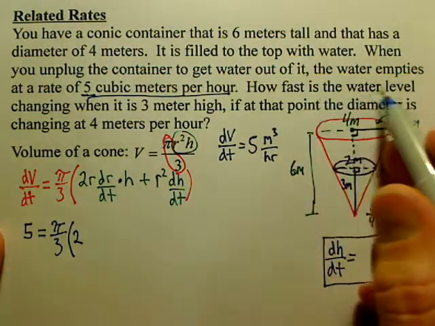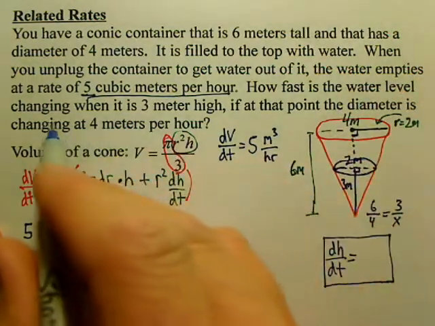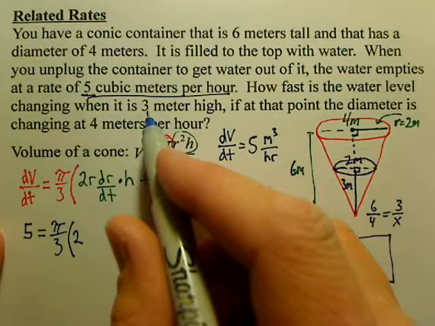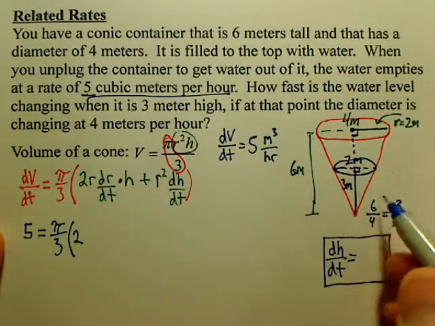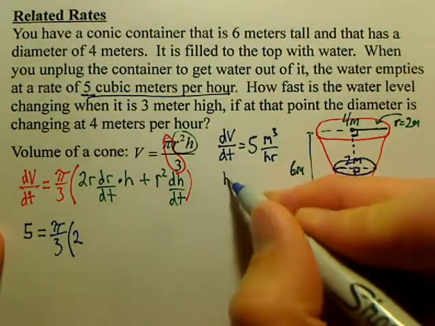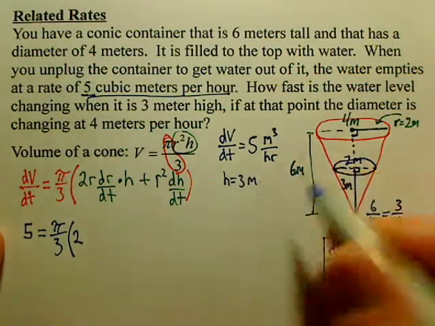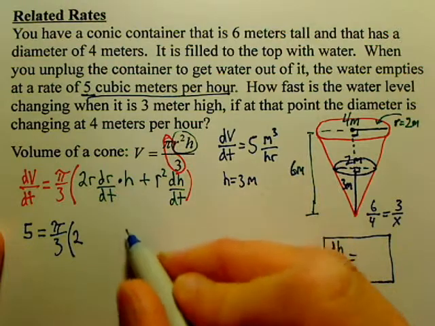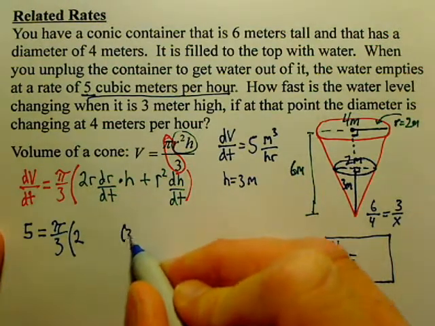Okay, and when the height is 3 meters. Well, if the height is 3 meters, don't we know the height is 3 meters? Isn't that what we're trying to find it at, 3 meters? So can I go over here where there's an h and plug in 3.